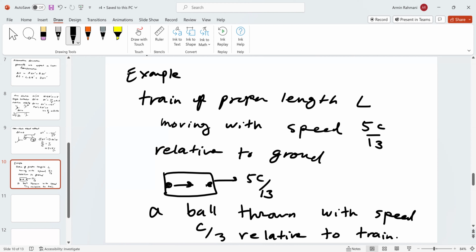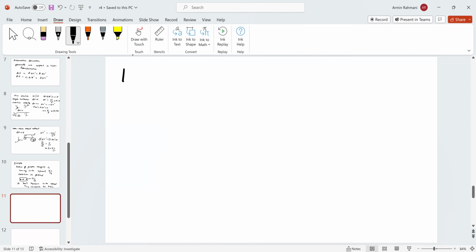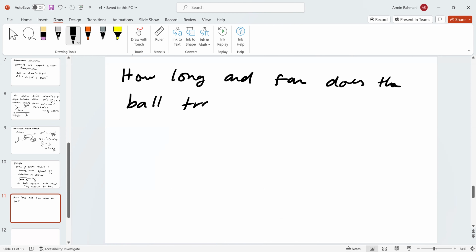So we want to know how long the ball is traveling and how far it moves, according to someone on the ground.